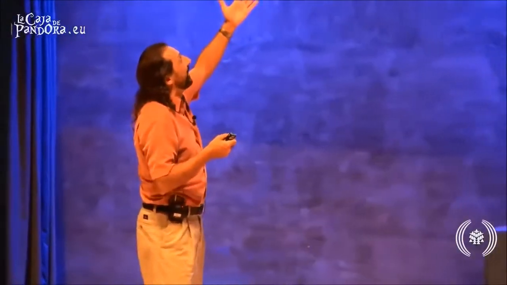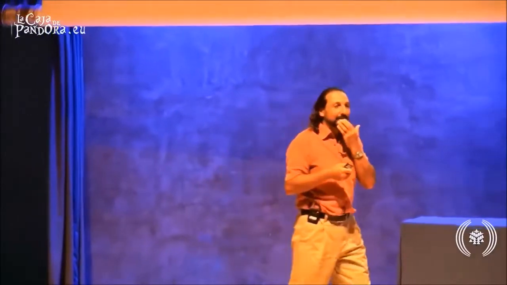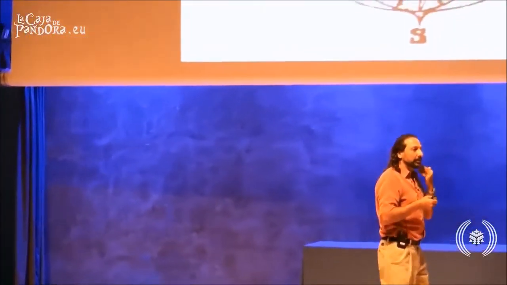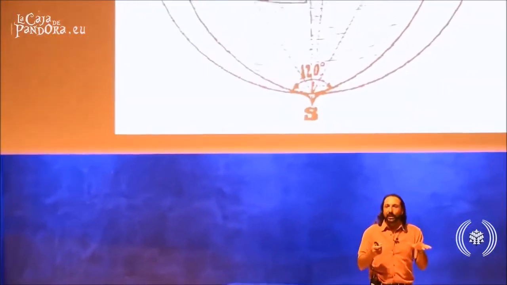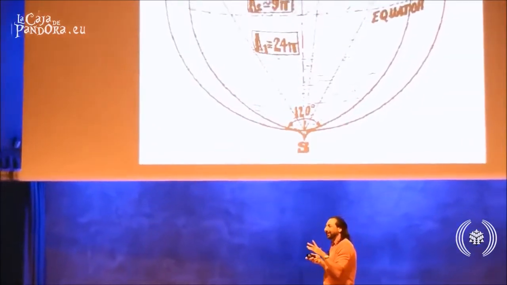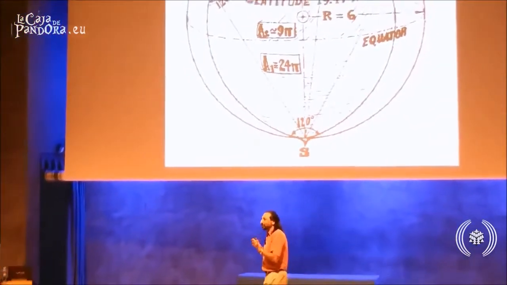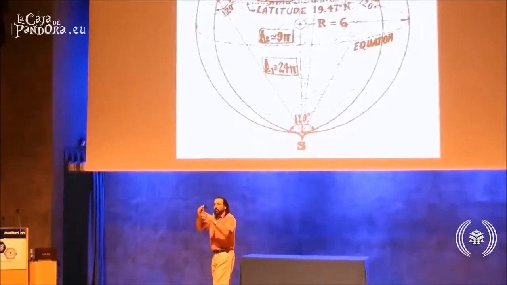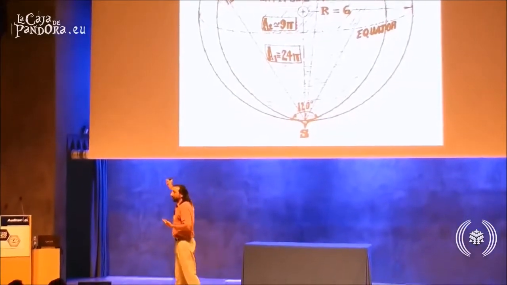when I opened this book, I was surprised to find a tetrahedron in a sphere. And I was thinking, that's very strange, because this is what I had concluded. So I started to read where this came from in this book.